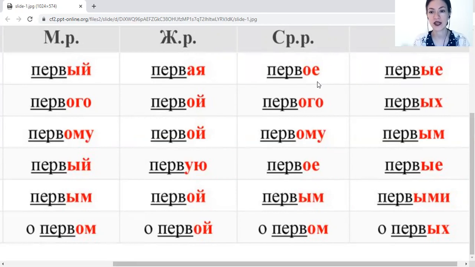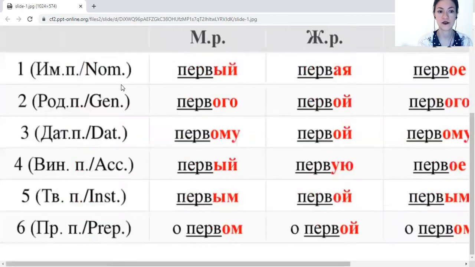And also we have this form in plural. I'm not sure if you can see it here, but it's первые. And you see we have 6 cases here, and endings are different, you know.